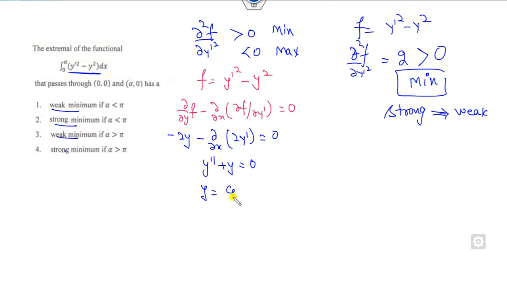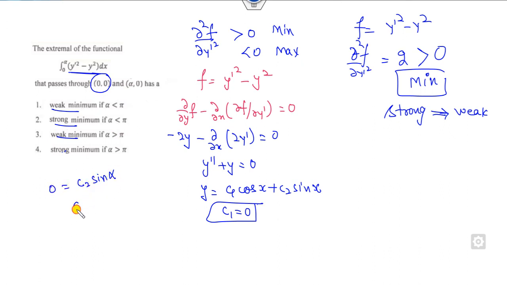So y is equal to c1 cos x plus c2 sin x. When it is 0 comma 0, c1 is 0. When it is alpha comma 0, 0 is c2 sine of alpha. So c2 is non-zero, so sine of alpha is n pi. That is alpha is n pi.